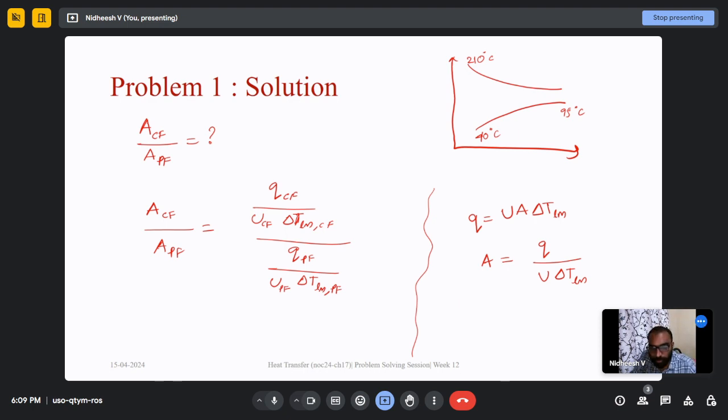If so, we can further simplify this expression actually. We know that these two heat exchangers are supposed to operate at the same conditions.